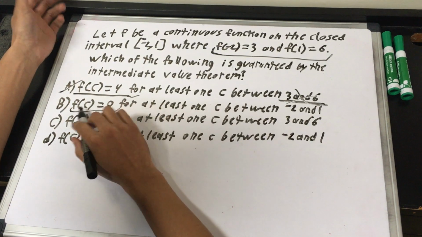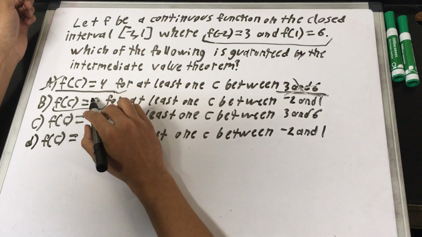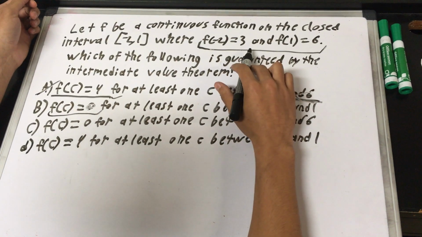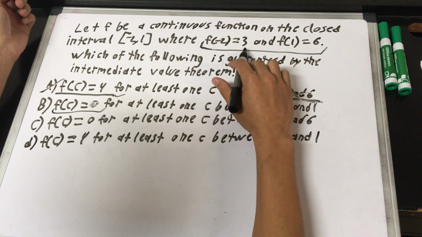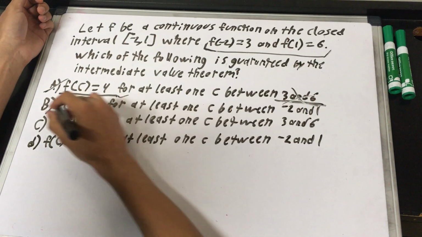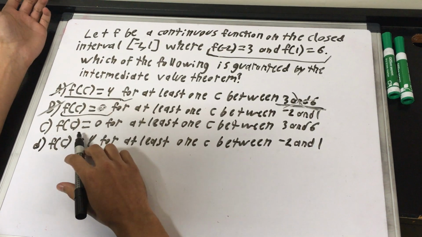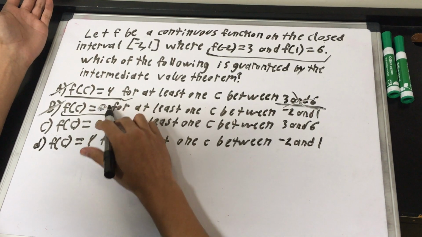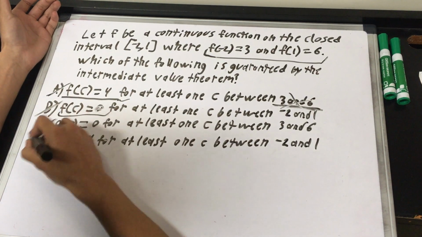So at some value c, being the x value, the y value is going to equal 0. That doesn't make sense based on this example, because the y values go from 3 to 6. So this one's also cancelled out. And for C, f of c equals 0 again, starting similar to the top. 0 is not between 3 and 6, so this is also cancelled out.